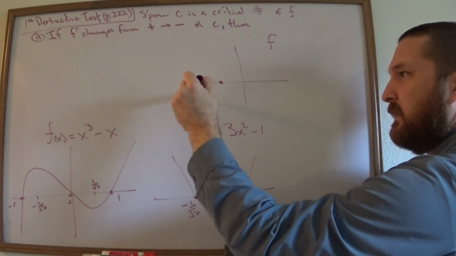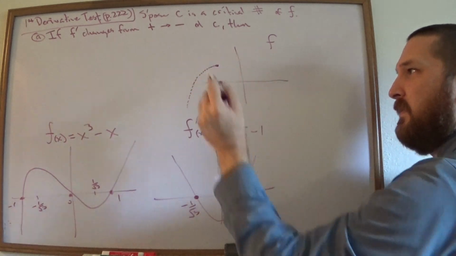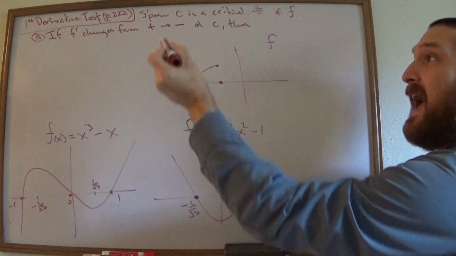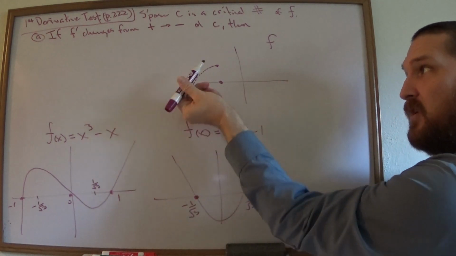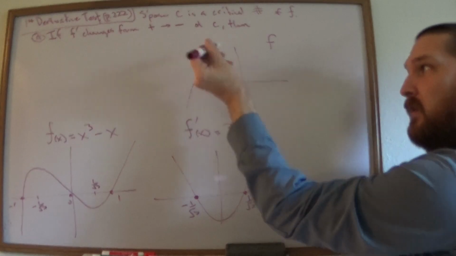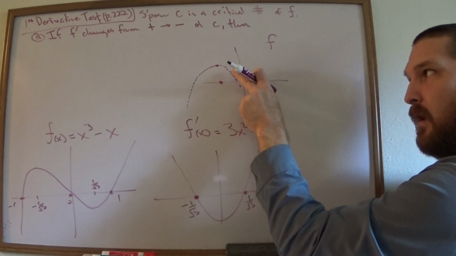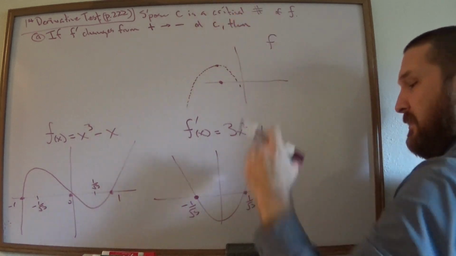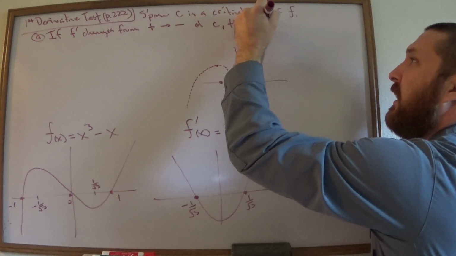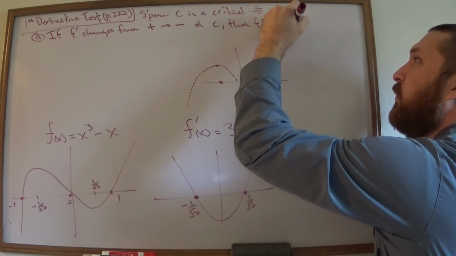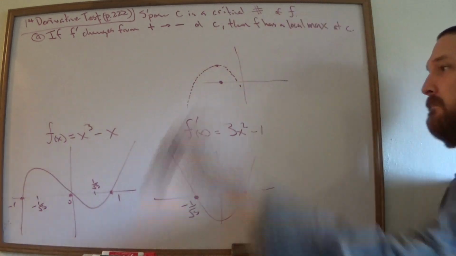It has a positive slope and now finally it gets to 0 there at the critical point. And it changes as we go through to negative. So now it's at 0 and it goes to negative. What do we call this thing? A maximum. Yes. Then f has a local maximum at c.